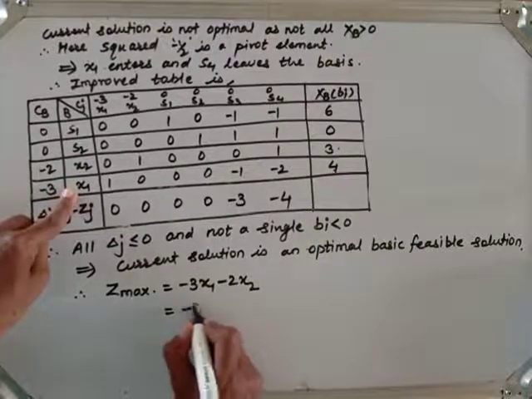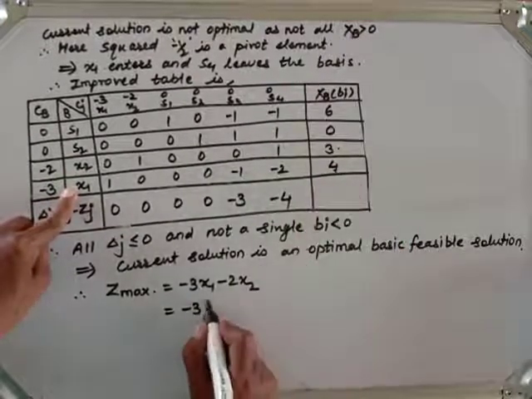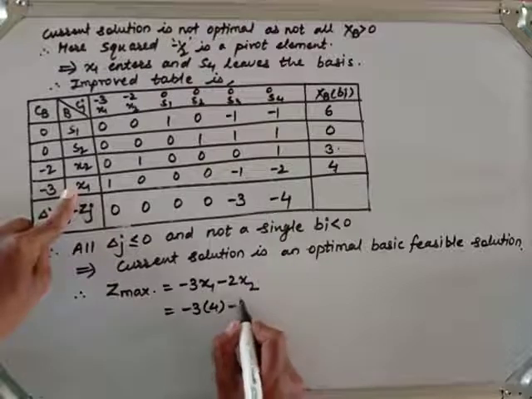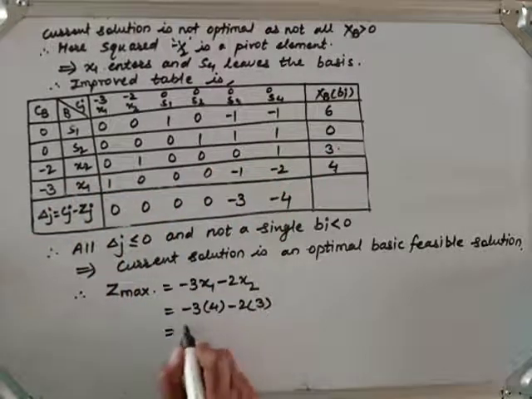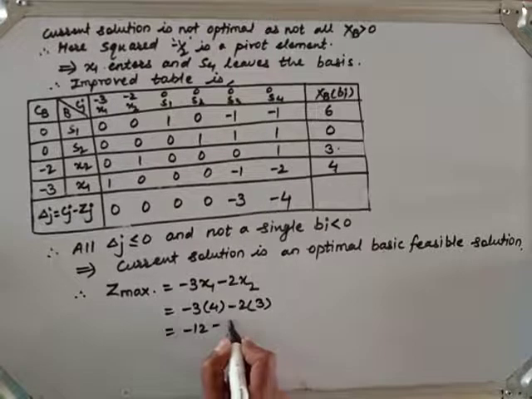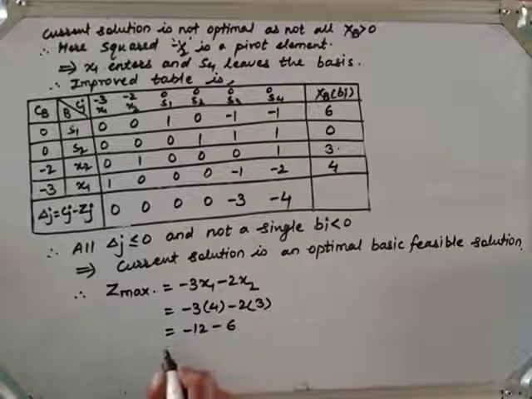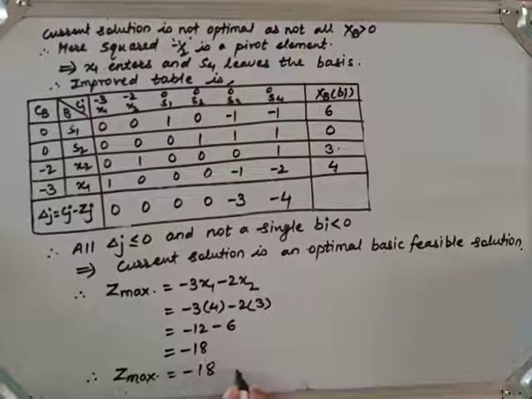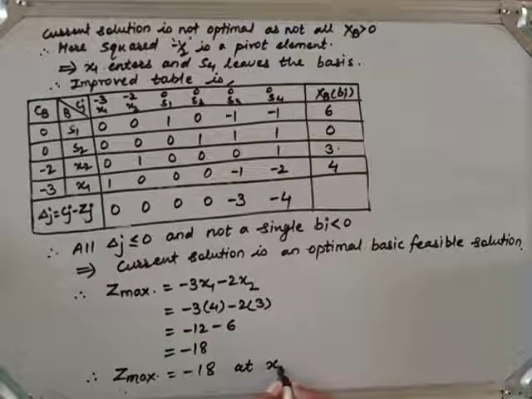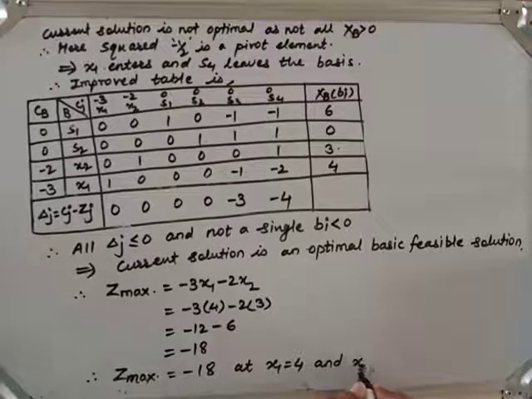So here I get minus 3 times 4 minus 2 times 3, so it will be minus 12 minus 6, which is minus 18. So I must write, therefore, z maximum equals minus 18 at x1 equal to 4 and x2 equal to 3.